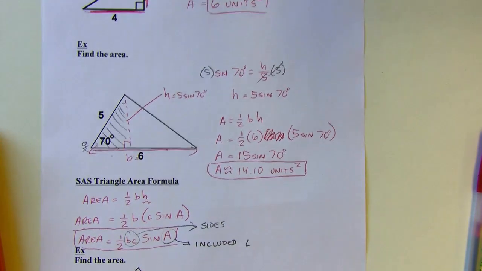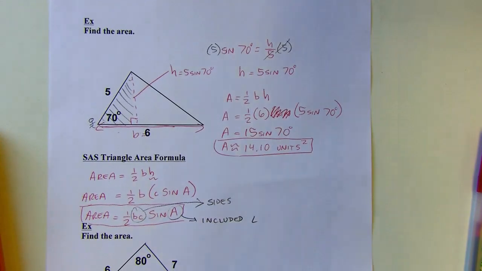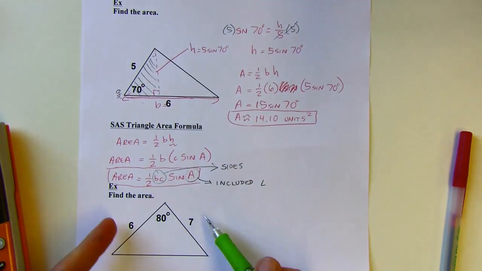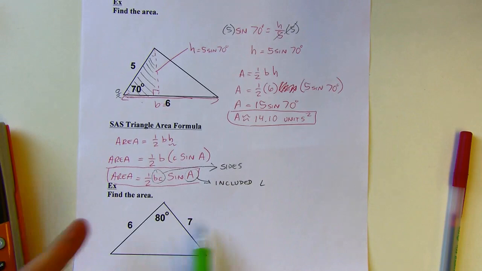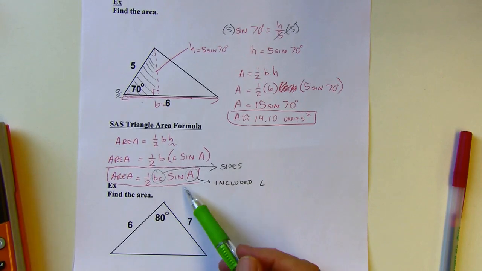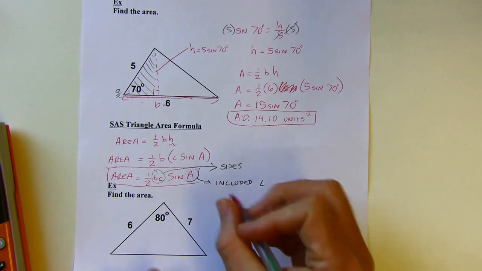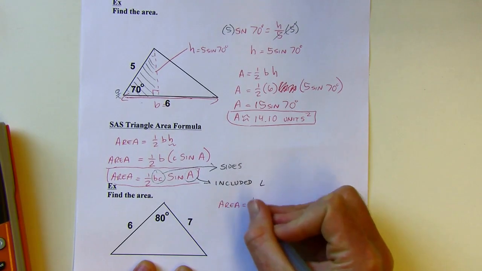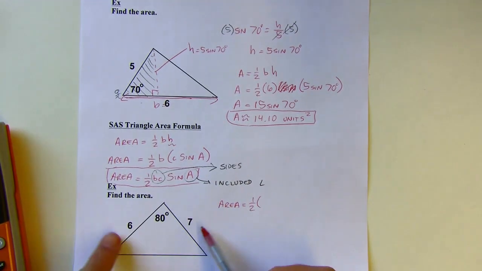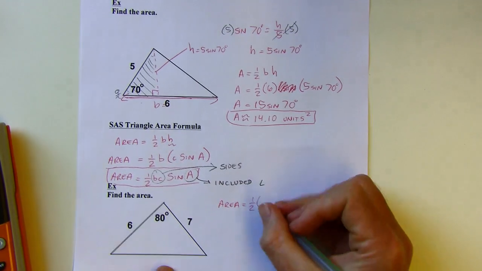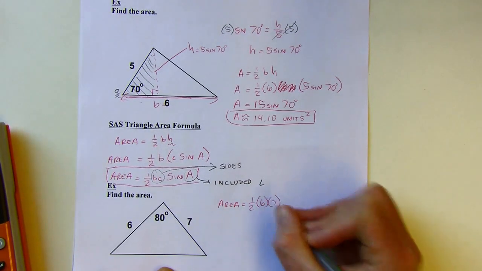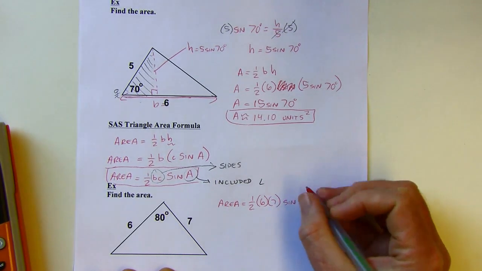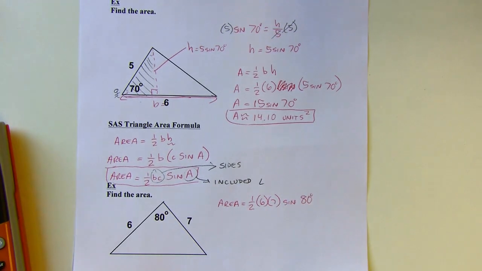These problems are actually really quick when you realize, hey, I've got an SAS situation here, 2 sides and an included angle. If you know the formula, then I can just say, all right, area is going to equal 1/2 of the product of my sides here, 6 and 7. There are my sides, and I'm going to take the sine of the included angle, so the sine of 80 degrees.